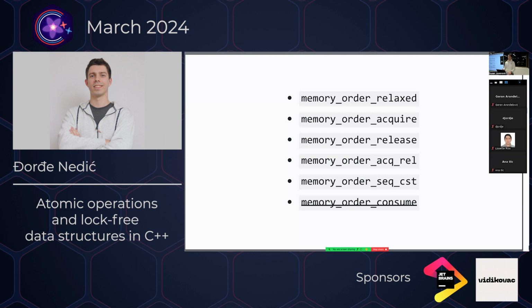Acquire is used with the load, and release is used with the store on the same variable. So what happens when we use those two is basically that we get some guarantees. Other than the operations individually being atomic, now everything that happens before the store with the release memory ordering must be visible to the other thread that loads that variable with acquire.